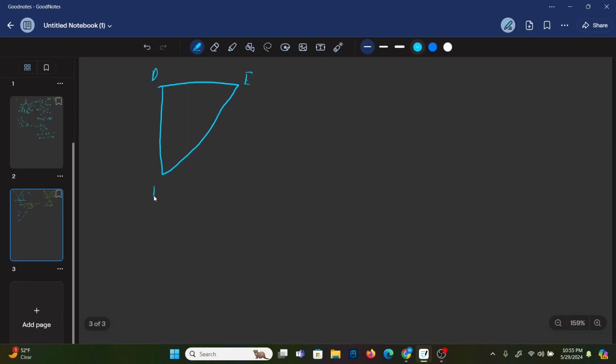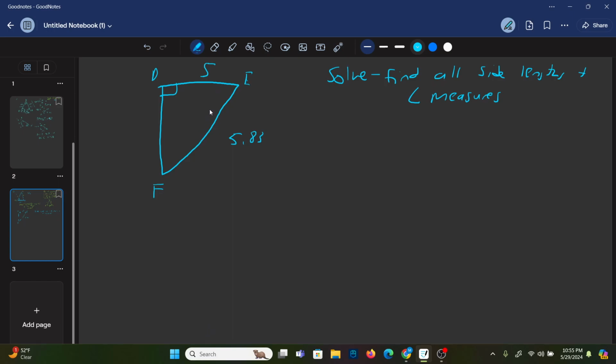This side is 5, this is 5.83, and this is a right angle. When it says to solve a triangle, that means find all side lengths and angle measures. So that's what we're going to do.